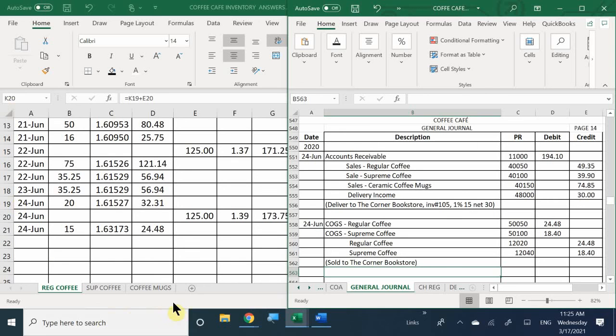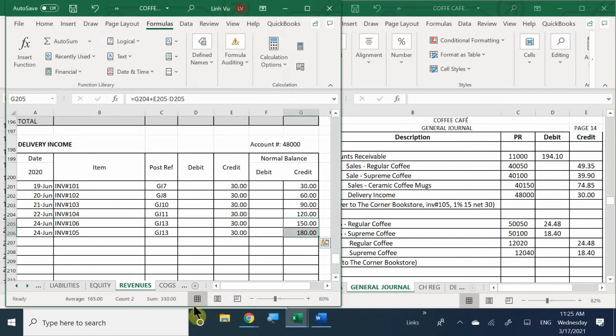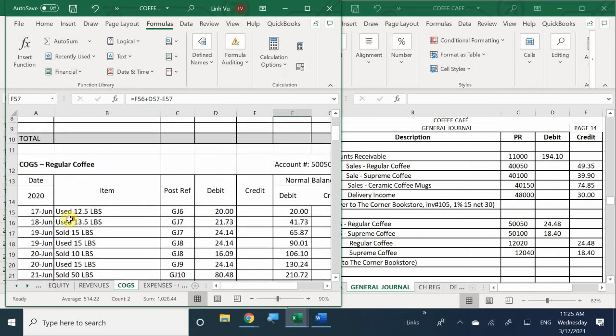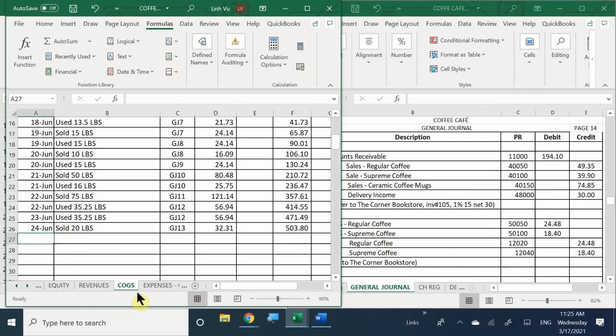So, cost of goods sold, once again, our ledger. How many pounds of coffee did we sell? I think this one was 15 pounds. Okay. General Journal number 14. And how much did it cost us?